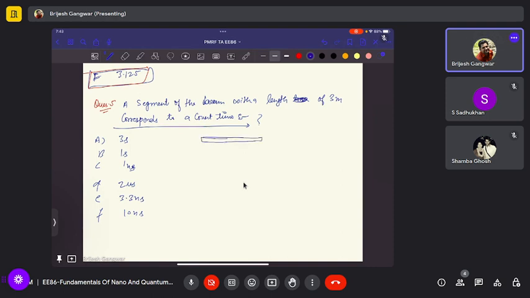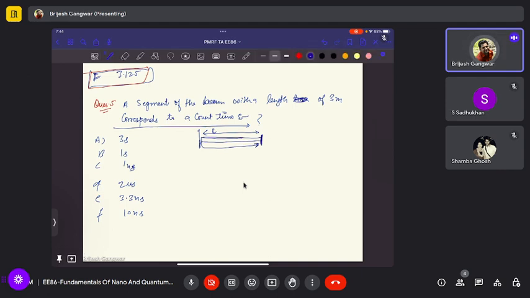For some length L, it is reaching this point, where this is your detector. How much time the last photon takes to reach the detector will be the equivalent count time. If you cut the line from here, whatever photons are there will reach this point, so for this much time you have to open the shutter, so that the last photon reaches this point.